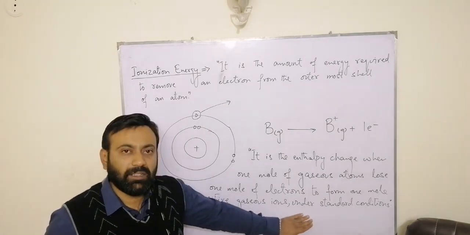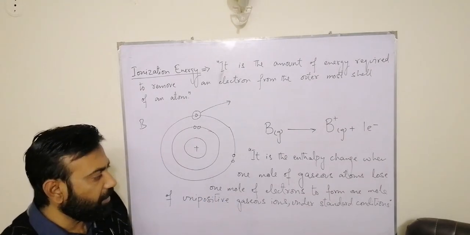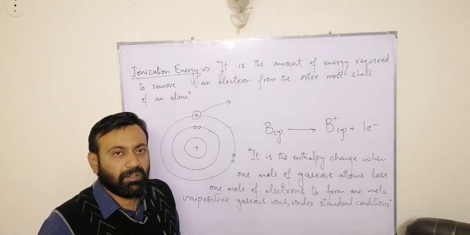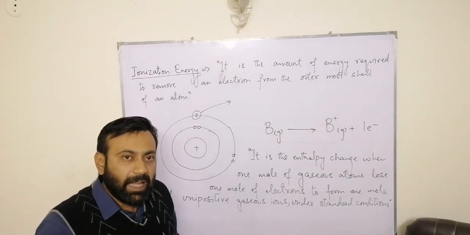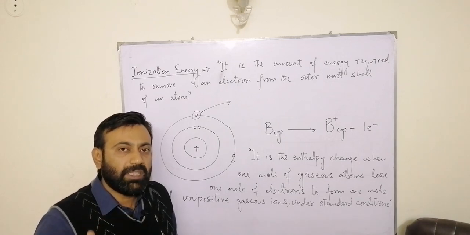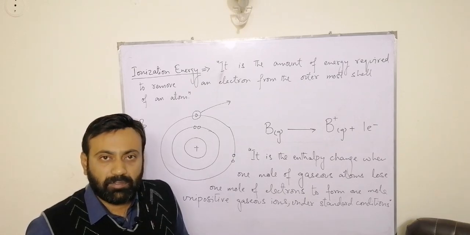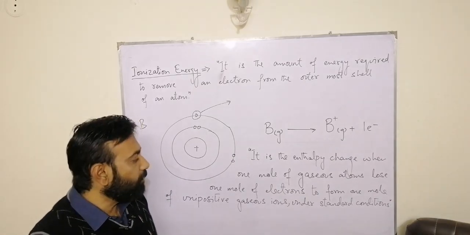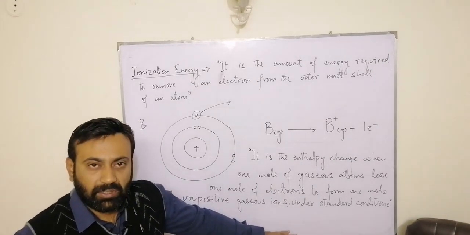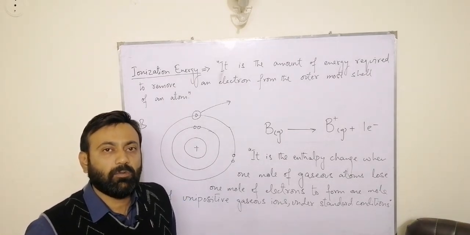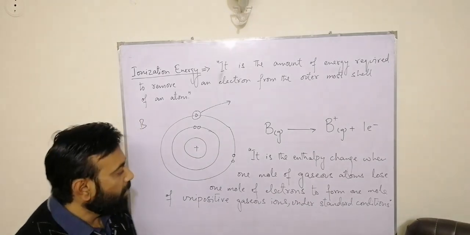And why standard conditions? Because if you carry out the same experiment at a different temperature or pressure than mine, the amount of energy absorbed or released would be a little different. So we have to take standard conditions. Standard conditions mean 25 degrees C temperature and 1 atm pressure.